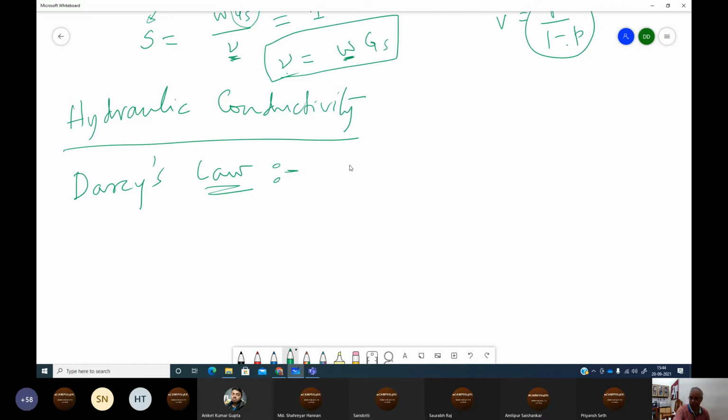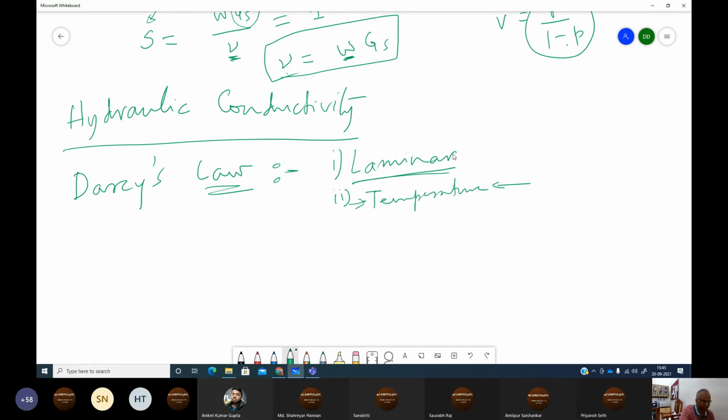Now, what Darcy said is that it must be a laminar flow. There are many conditions. Laminar flow is related to velocity.